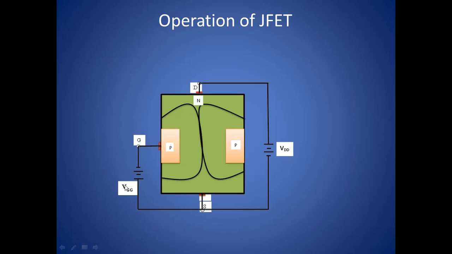The gate to source voltage at which the drain current is zero is called pinch off voltage, and it is denoted by VP or VGS off. This pinch off voltage is negative for N-channel JFET and it depends upon the doping of the N and the P region of the device.